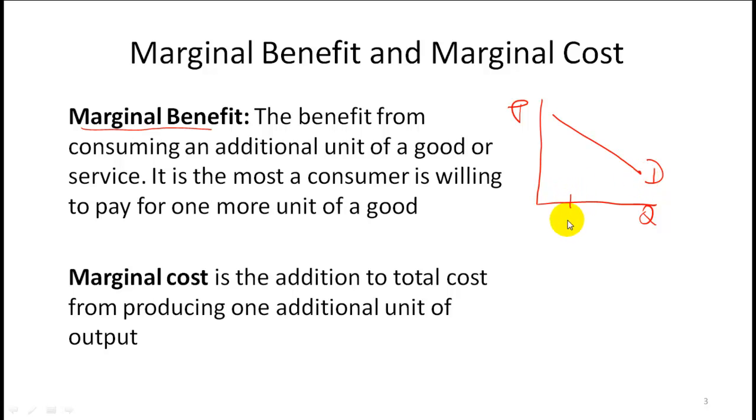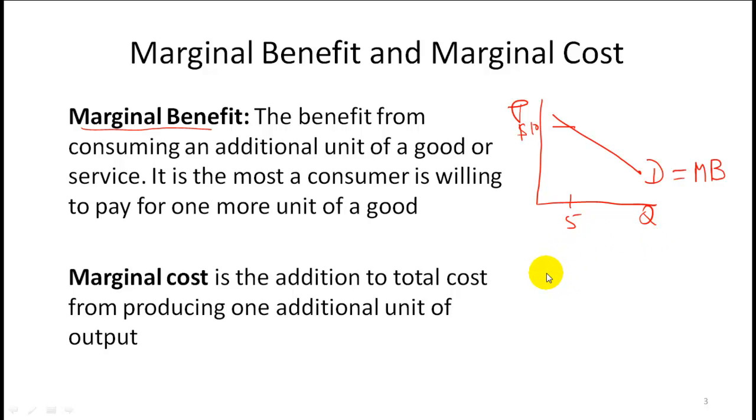So at a given quantity of, say, 5 units, if you are willing to pay $10, the $10 is a quantification of what your benefit would be of consuming or demanding the 5th unit. The core point to remember is that demand and marginal benefit are synonymous.